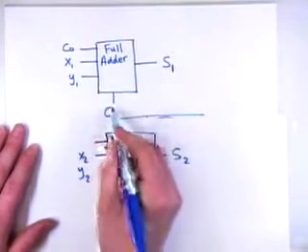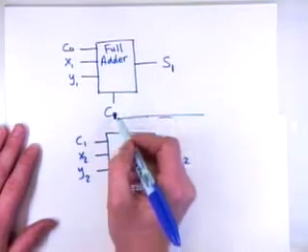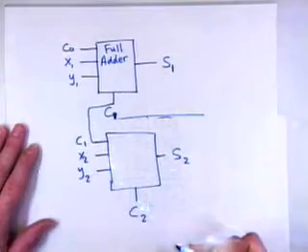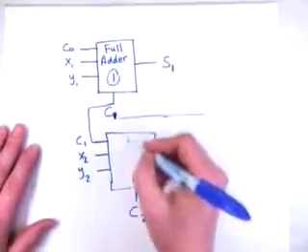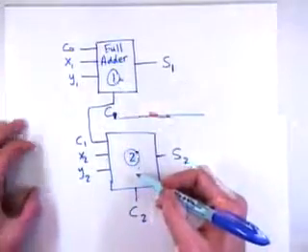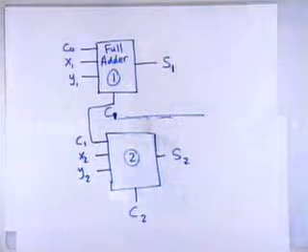And this is a carry bit. This has to be C1, but that comes from my other adder, right? So I'm going to take this wire and hook it right up to this wire. So this is my adder number 1. This is my adder number 2. So this does the first column. This does the second column. And I've just shown how we can add them together to make a 2-column adder.